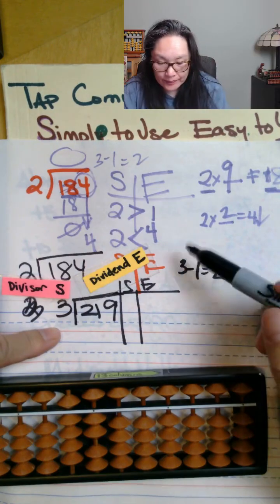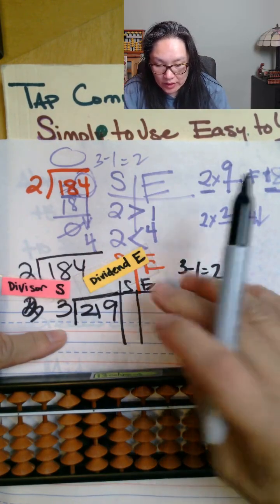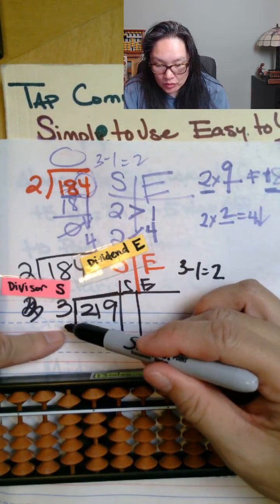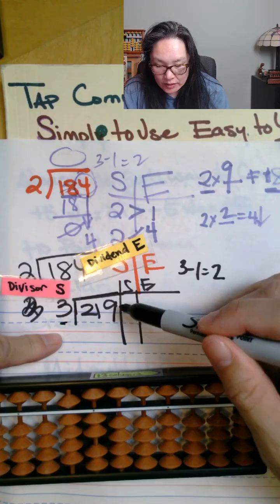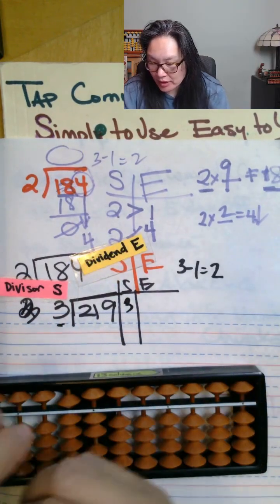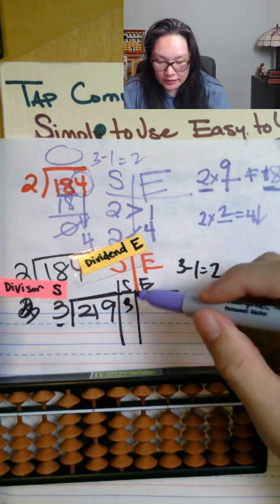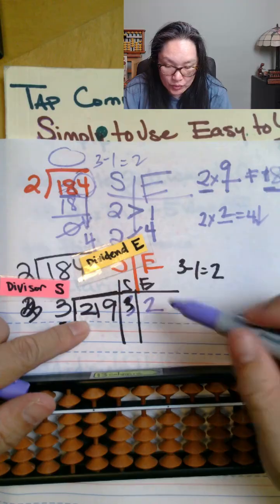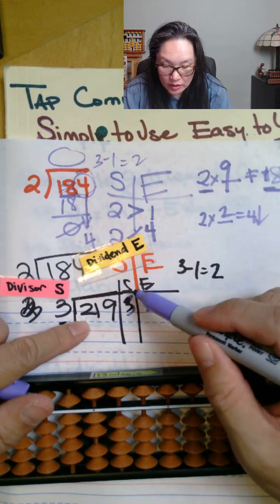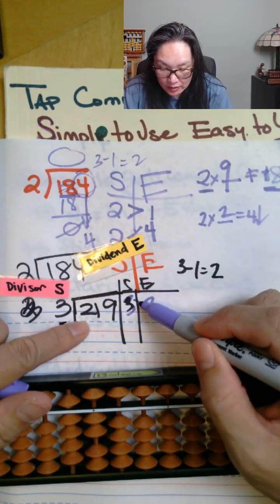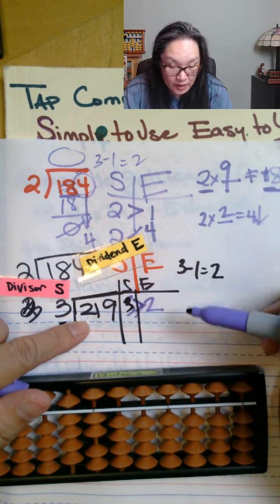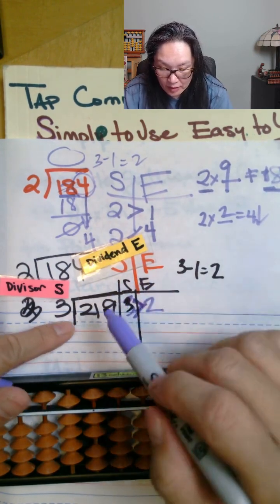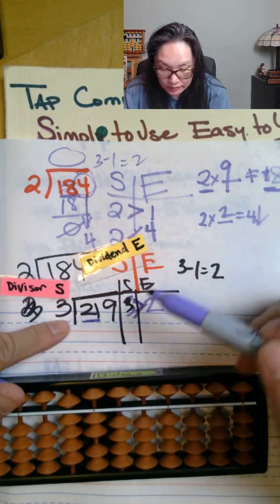Okay. So what we're going to do is compare. Divisor is 3. I've got to change color. Divisor is 3. Dividend is 2. So the divisor is bigger. Because the divisor is bigger, I'm going to use 2 columns.